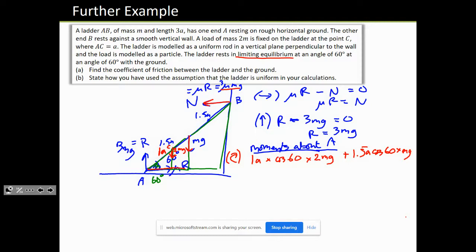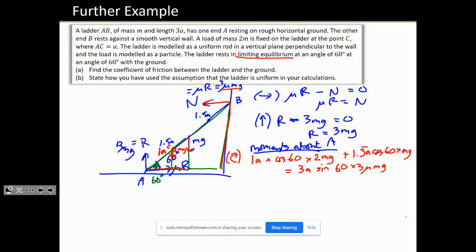The perpendicular distance of that force from A is going to be this line here. Because this is my anti-clockwise force, and moments are in equilibrium, they're going to balance each other out. So those first moments are going to equal my perpendicular distance there, which is going to be 3a sin 60, multiplied by 3 mu mg.